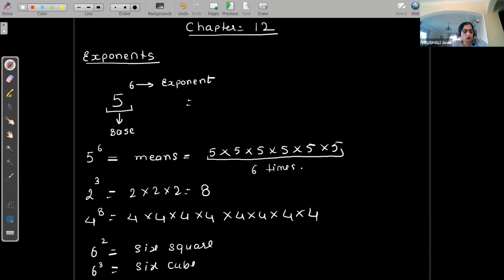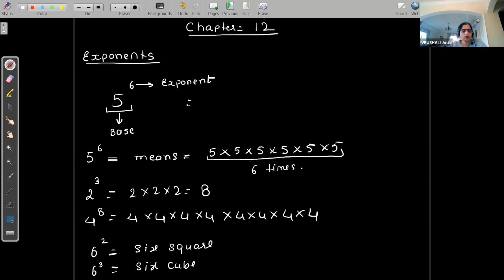Apart from 2 and 3, all the other powers are taken with the numbers, like 5 to the power 6, 8 to the power 25. But for 2 and 3, the power is said as square or cube, correct?